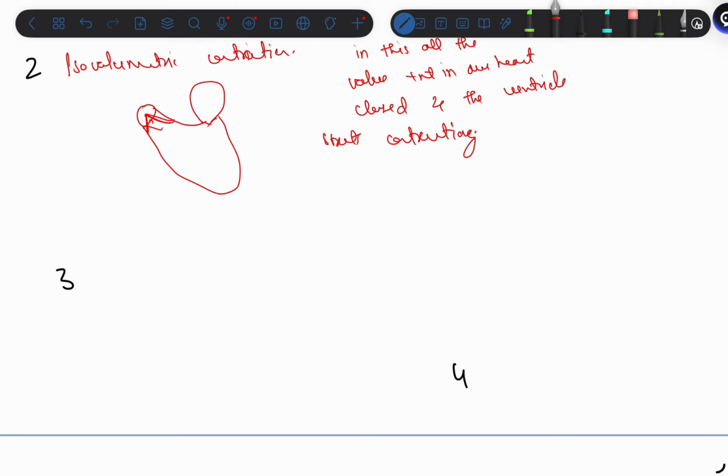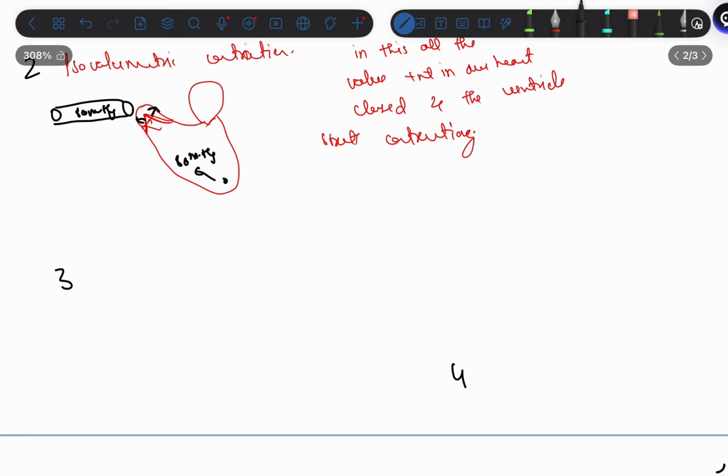Okay, so the pressure rises from 0 to 80. As you all know, the pressure in the aorta is about 80 mm Hg. So when the pressure in the ventricle reaches 80 mm Hg from 0, then the aortic valve opens.